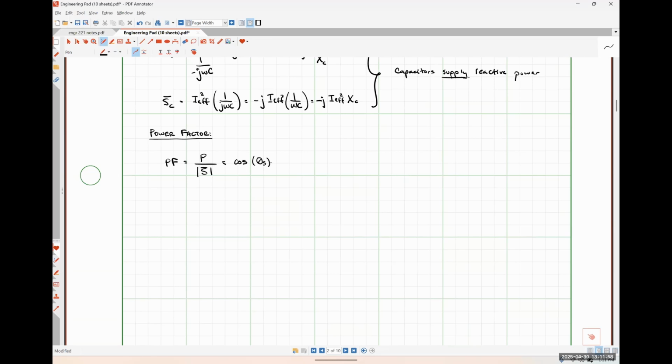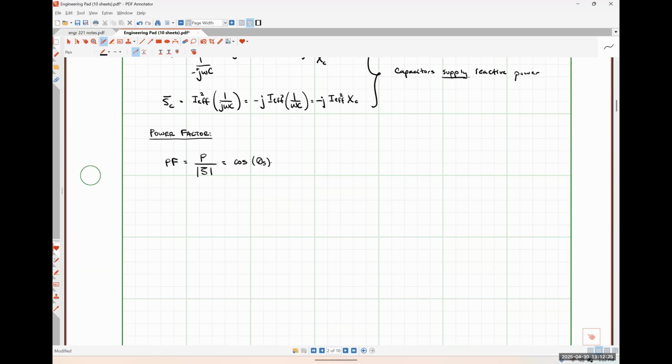So because our power factor is essentially just the cosine of some angle, we know that its value can range anywhere from +1, representing that our average power is the exact same thing as our apparent power, to -1, where our average power is the negative of our apparent power, okay?